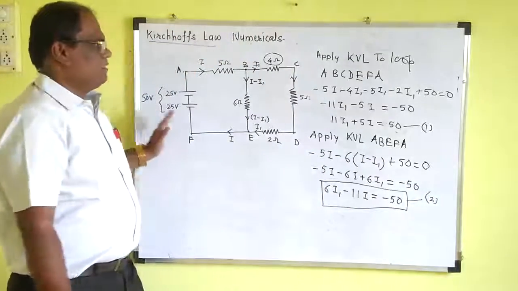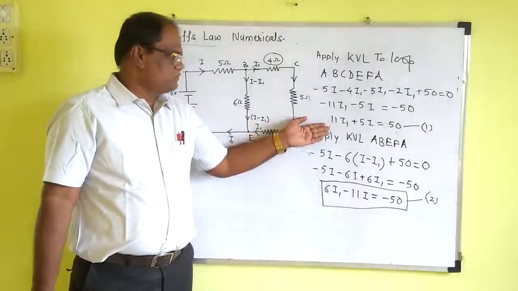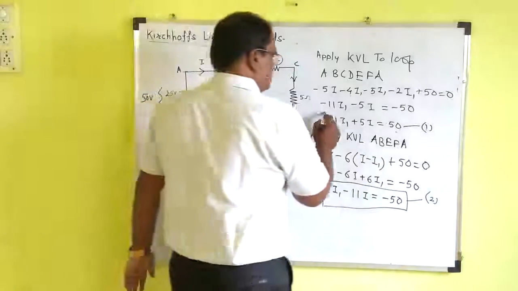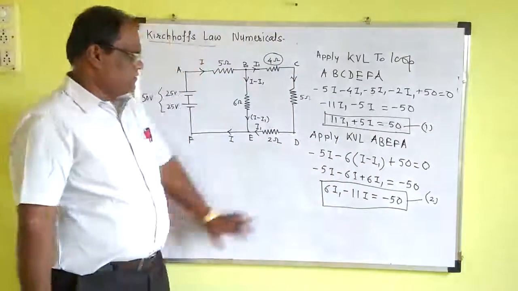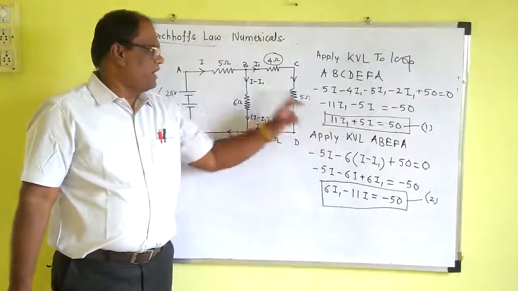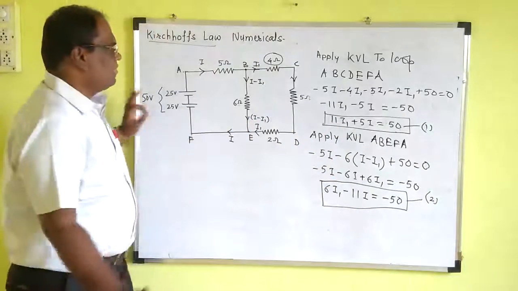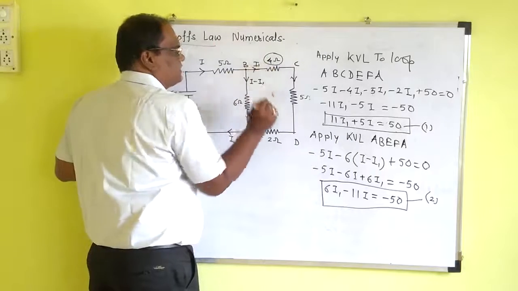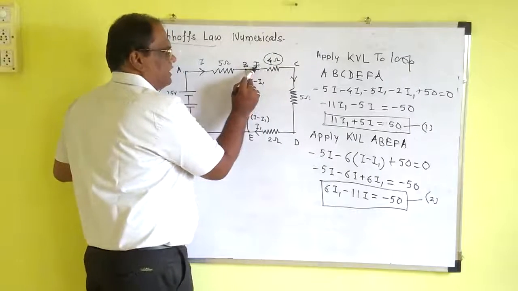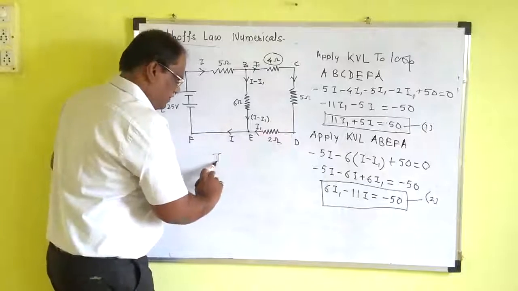Now after solving these two simultaneous equations, you can easily determine the values of I and I1. Now, the current flowing through 4 ohm resistance is I1. Hence, we have to find the value of I1.